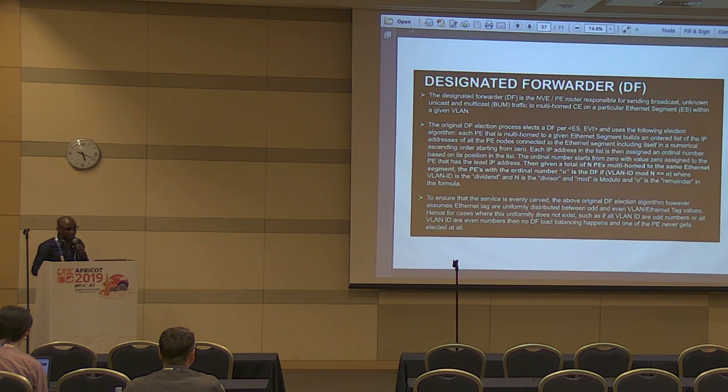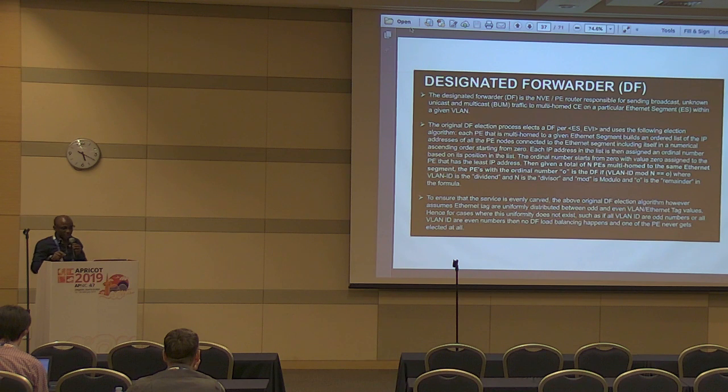Each PE that is multihomed to a given Ethernet segment builds an ordered list of IP addresses of all the PE nodes connected to the Ethernet segment, including itself, in numerical ascending order, starting from 0. So if I have two PEs, for instance, it will be 0 and 1. Then each IP address in the list is assigned an ordinal number based on its position in the list.